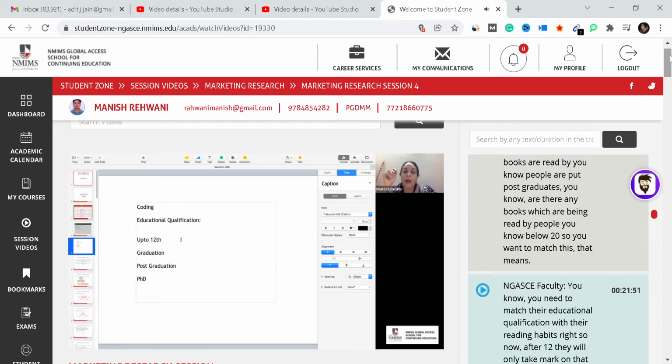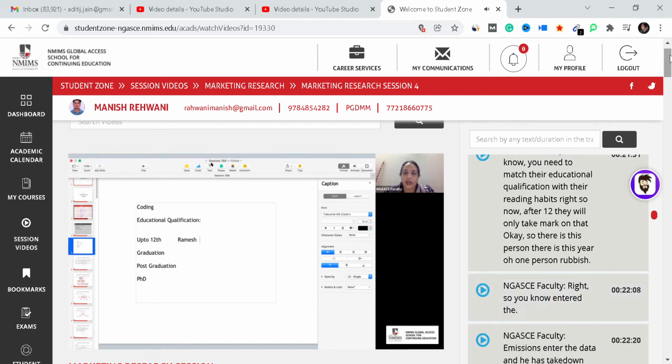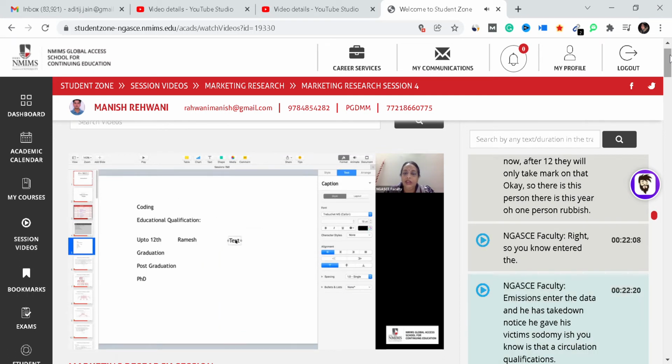Now, for up to 12th, they will only tick mark on that. There is this one person, Ramesh. Ramesh has entered the data and he has ticked on this.